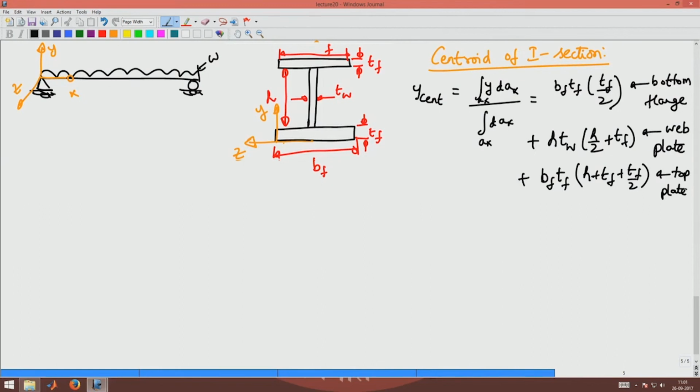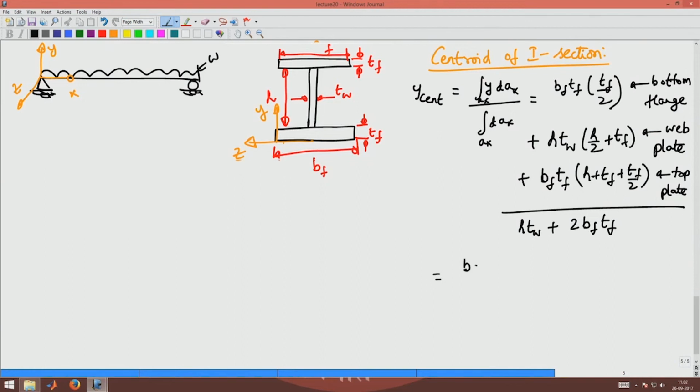That is the centroid. I am multiplying the area by the centroid of the respective sections, divided by the total area, H into Tw plus 2 times Bf into Tf, the area of the bottom flange and the top flange. Okay. So, what will this give me?